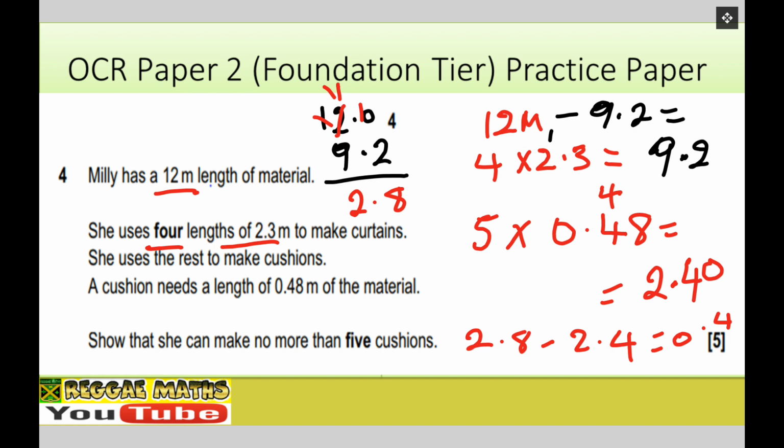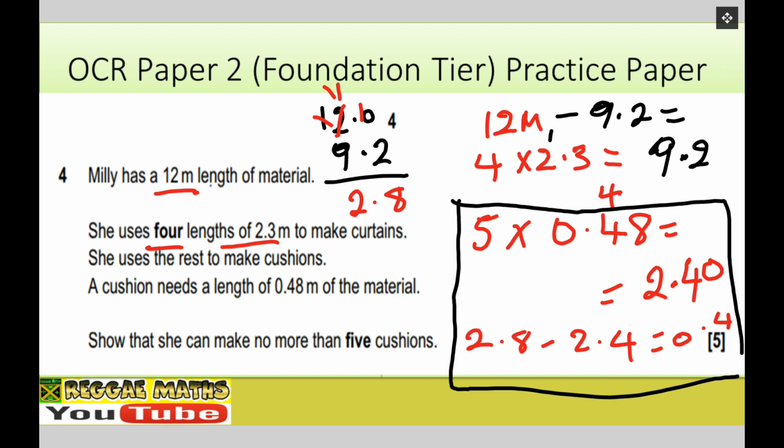So this basically shows that you only have 0.4 left, so therefore you cannot get another 0.48.